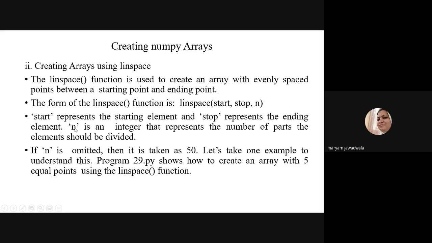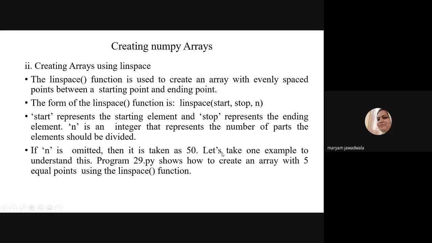And what is n here? n is an integer that represents the number of parts the elements should be divided into, including start and stop, right? And if you don't mention n, then what happens? Then by default the value of n is 50, meaning by default your array is divided into 50 equal spaces.